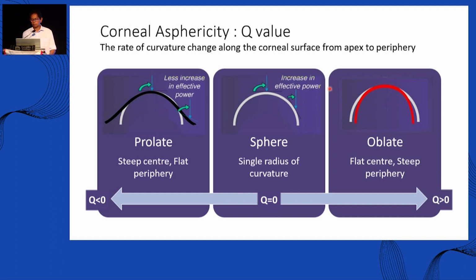And oblate ones, which have a flat center, which happens after refractive surgery, will be an oblate surface which has a flat center and a steep periphery. So prolate surfaces are normal, but hyperprolate surfaces are also abnormal, and this can happen after refractive surgery and in keratoconus as well.